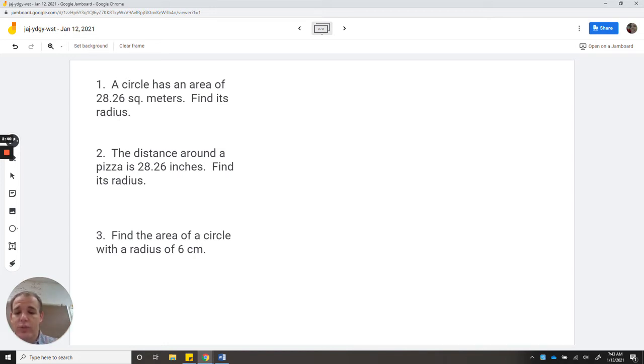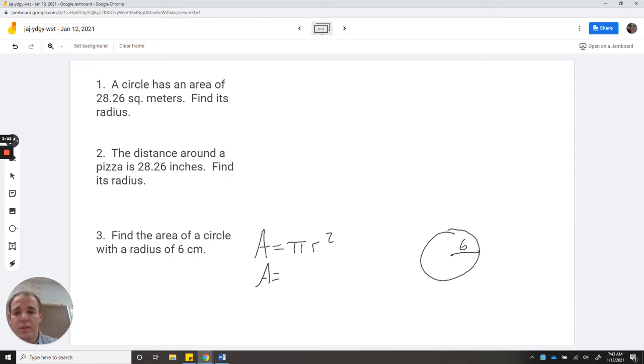Find the area of a circle with a radius of 6 centimeters. So I'm going to draw a circle right here. Drawings are always helpful. And the area of a circle with a radius of 6 centimeters. So area is equal to pi r squared.